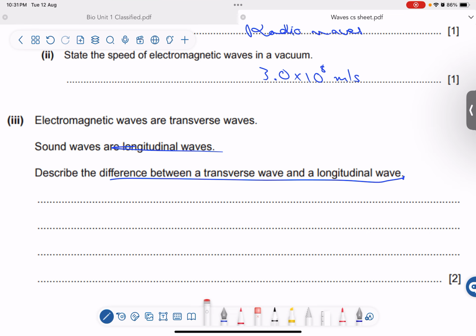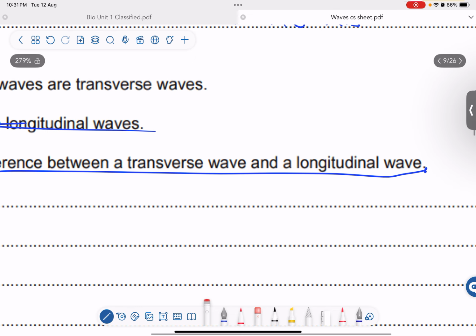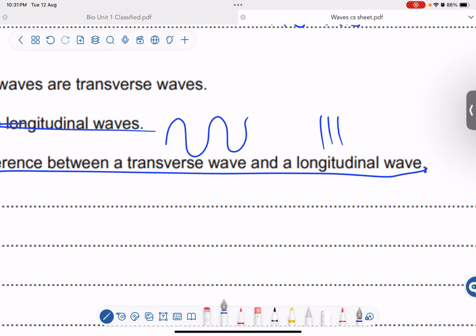To explain the difference between transverse and longitudinal, we must imagine what they are. Transverse is like this. Longitudinal is like this. This is longitudinal and this is transverse.